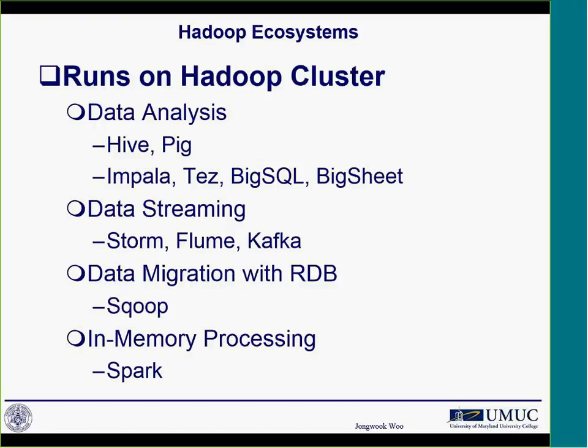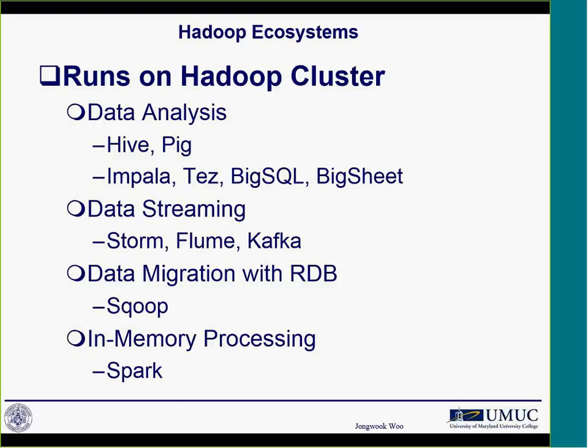free. So for example, for data analysis, there's Hive that is donated by Facebook, also Pig that is donated by Yahoo, and also there's Impala, BigSQL, Big Sheets that you have seen in the class.